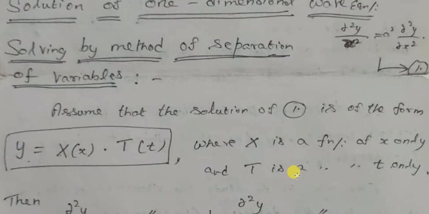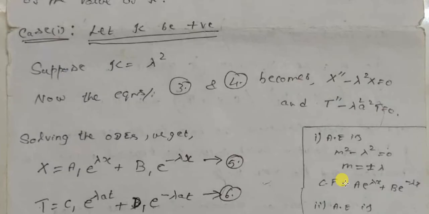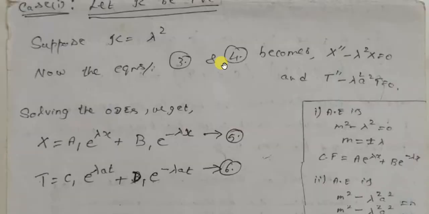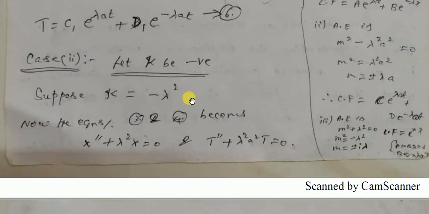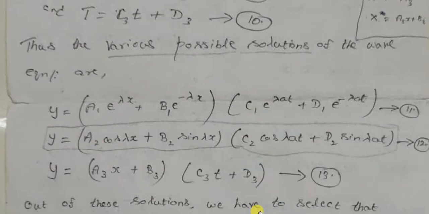With cases we derived it, and our aim is to find y, the solution of the one-dimensional wave equation, which is a product of X(x) into T(t), where X is a function of x alone and T is a function of t alone. Solving this with cases, considering k positive, we will get one set of solution, k negative another set of solution, k is 0 another set of solution we will get. Thus the various possible solutions of the wave equation are, it is enough if you know all these three equations.